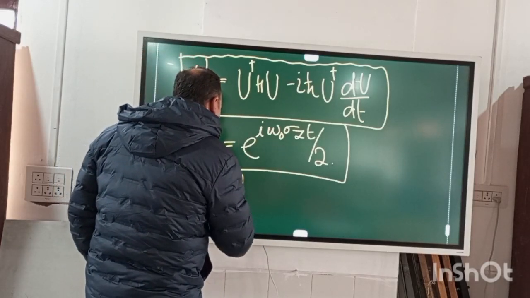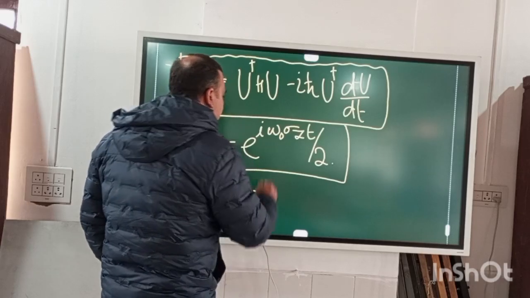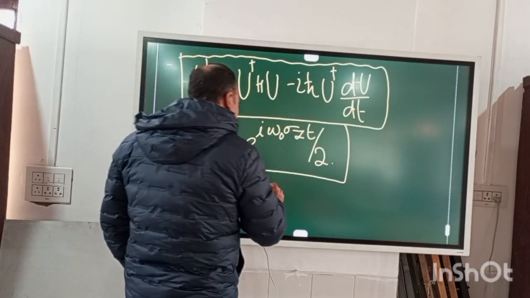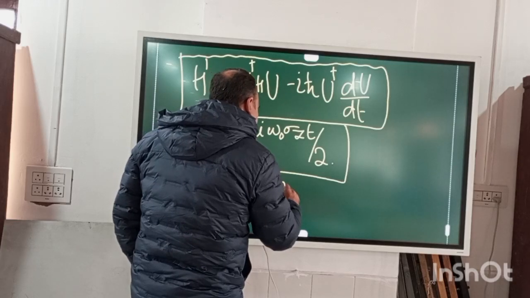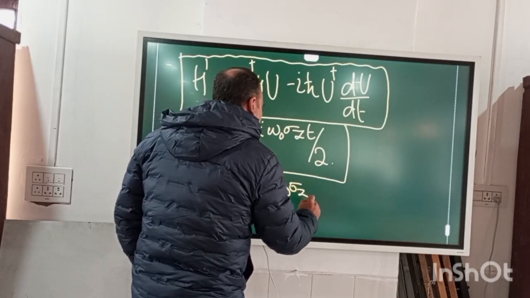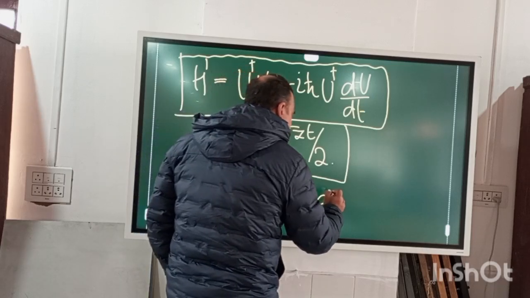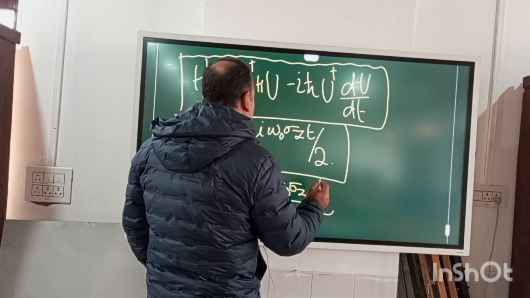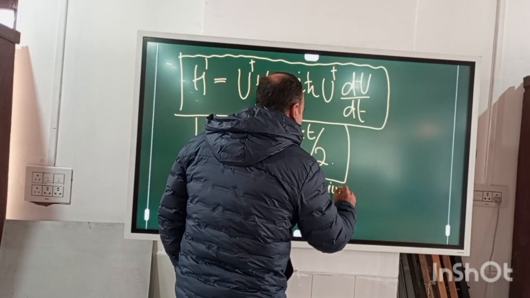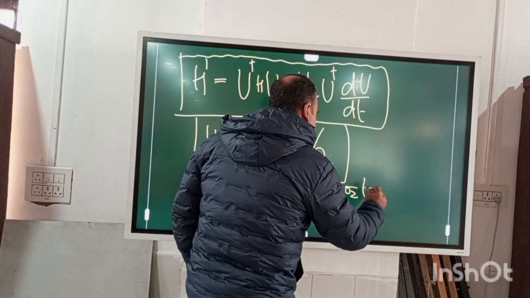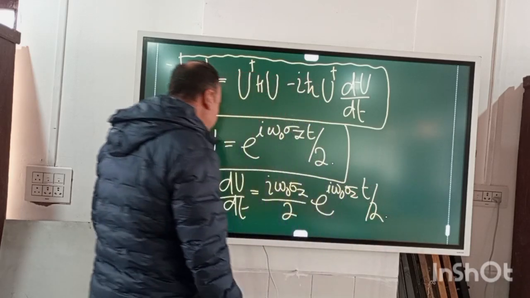So dU by dt: this is our exponential function, it will remain as is. So i is out, omega naught is out, sigma z is out, divide by 2 is out, and you'll be left with the same function, e to the power of i omega naught sigma z t by 2.